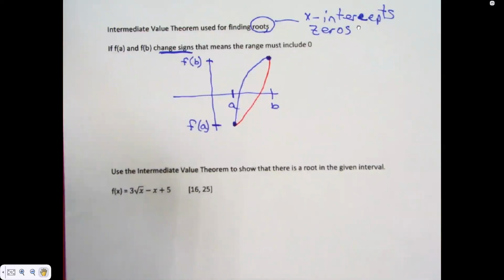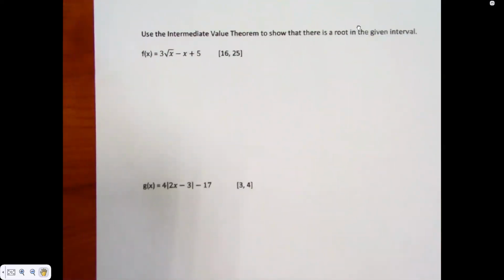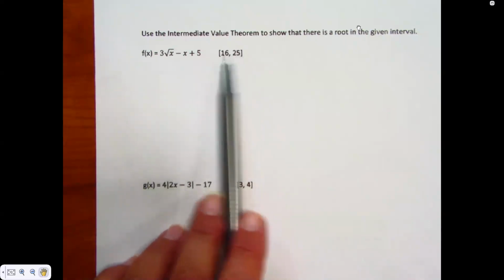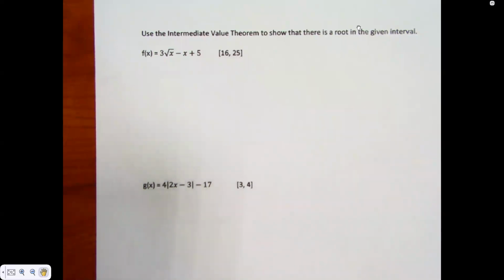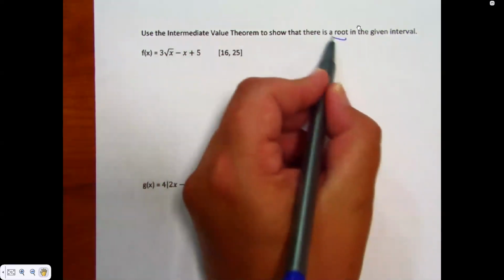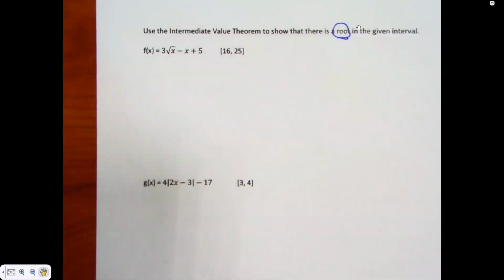Okay, so this is what the homework is. It's a little bit more of a process. Use the intermediate value theorem to show that there is a root somewhere in this interval. So you got to show to me that there is an x-intercept or a root or a 0 between 16 and 25.